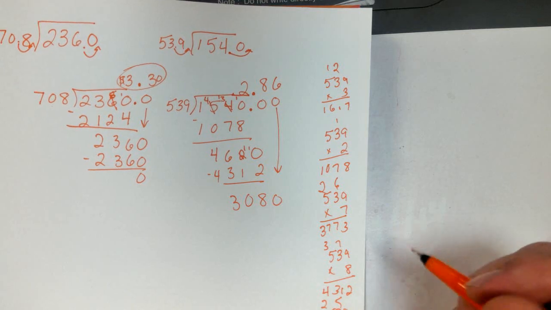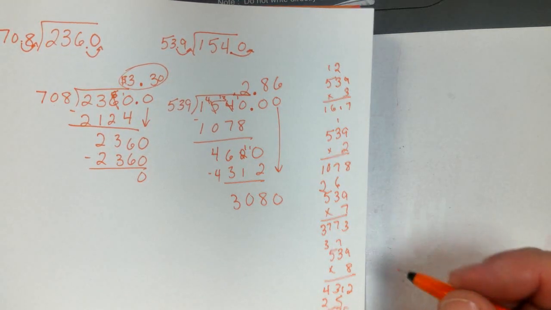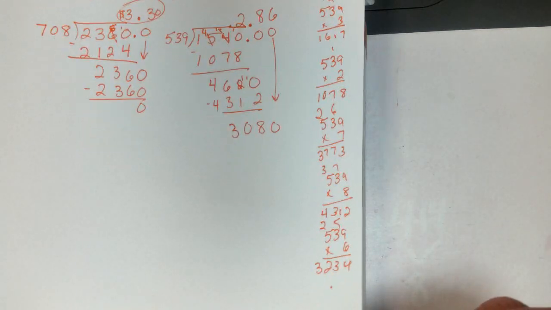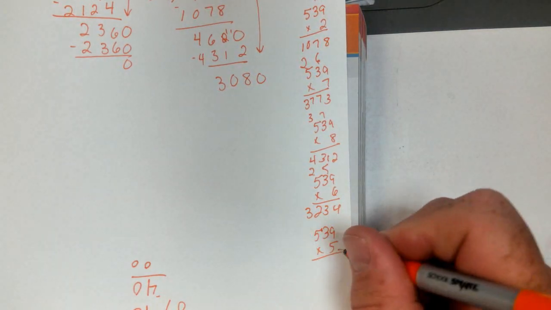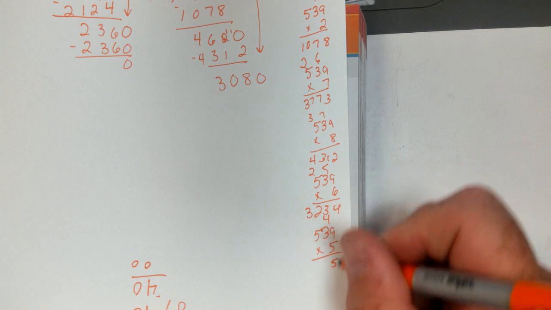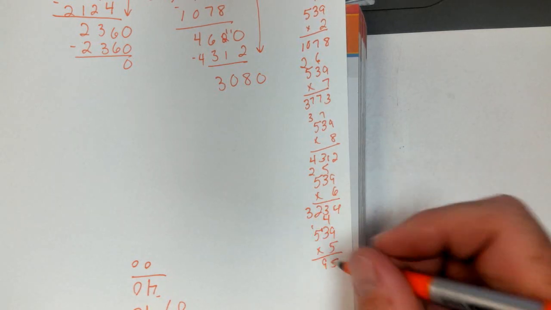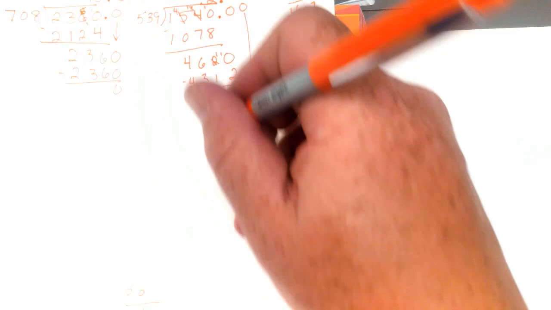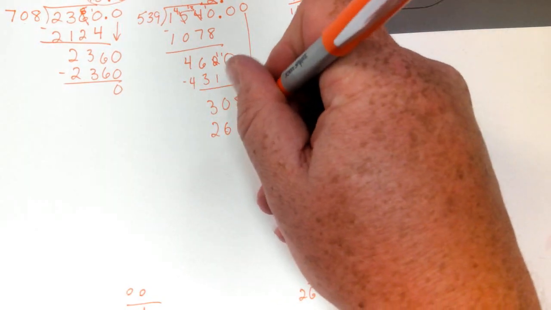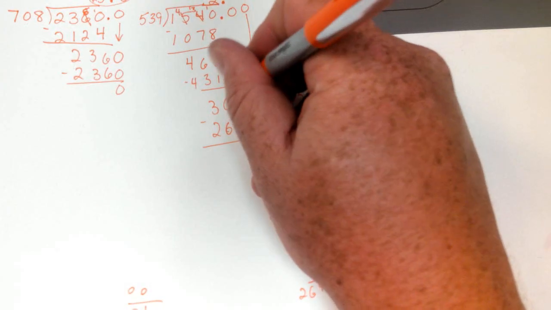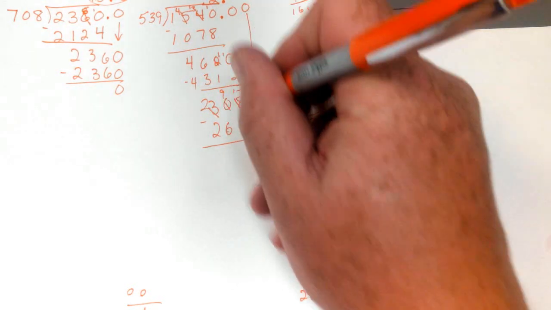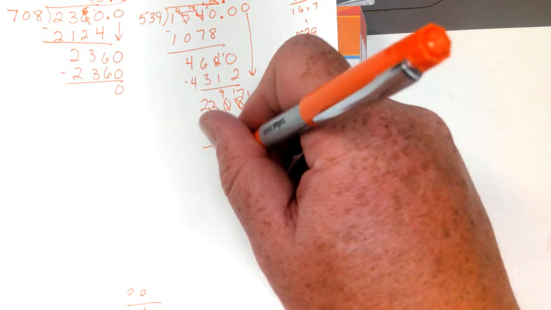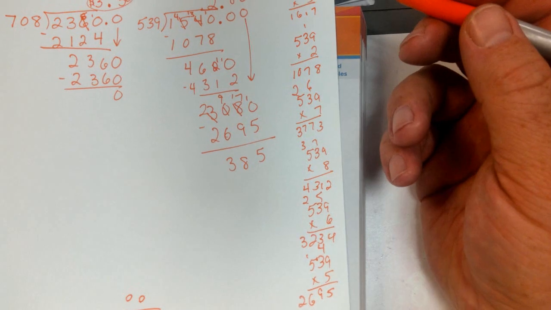No, that's too big. I only needed 5. Oh my goodness. 539 times 5: 15, 19, 2,695. $385.